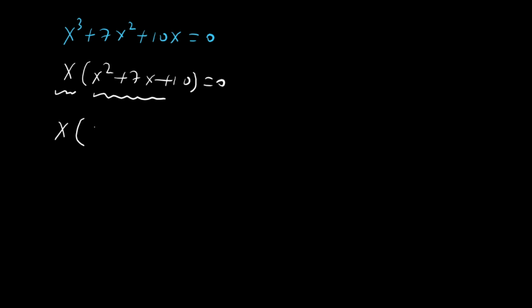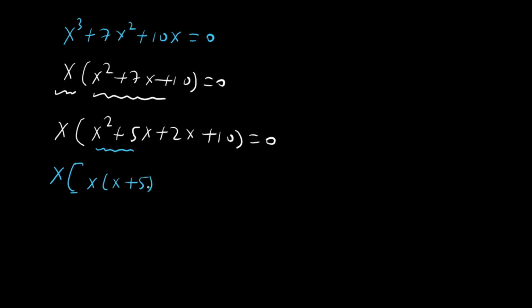Here x square plus 7x plus 10, where 7x is the same as 5x plus 2x, equals 0. Look carefully at these two terms: if we take common x, we get x plus 5, and in these two terms if we take common 2, we get x plus 5.